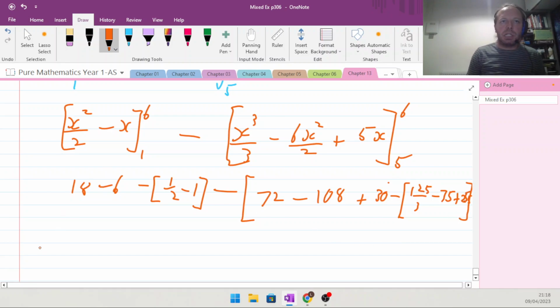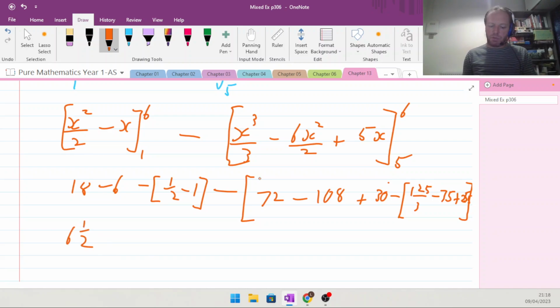18 minus 6 is 6. Minus a half is what I'm left with here. A half minus 1 is minus a half, but it becomes plus a half because of the minus on the outside. So I've got 6 plus a half, so I've got 6.5. Then what do we have there? We've got 72 minus 108 plus 30, that's minus 6.